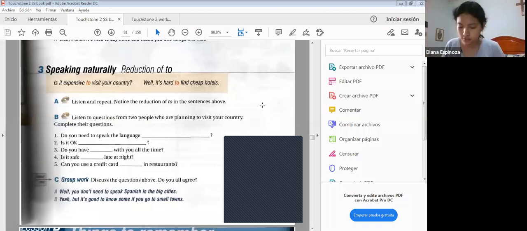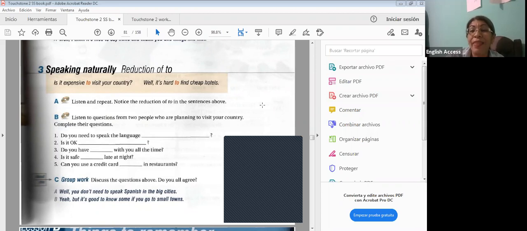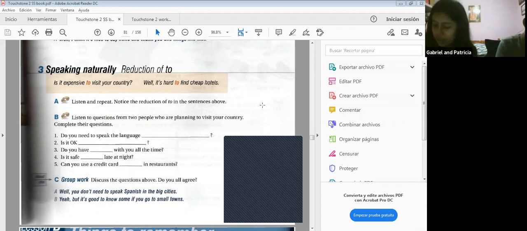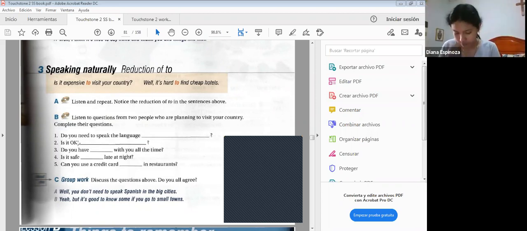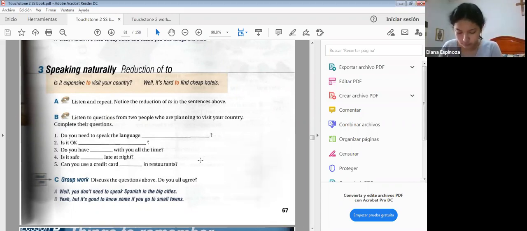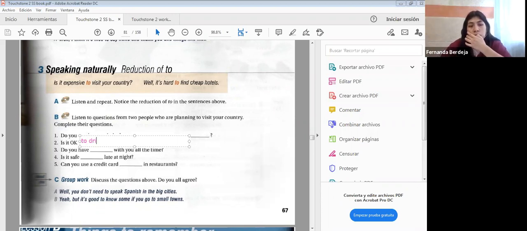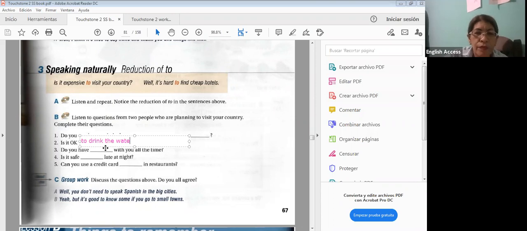To drink, okay. To drink the water? Okay. Yes, to drink the water. Like this, to drink the water.